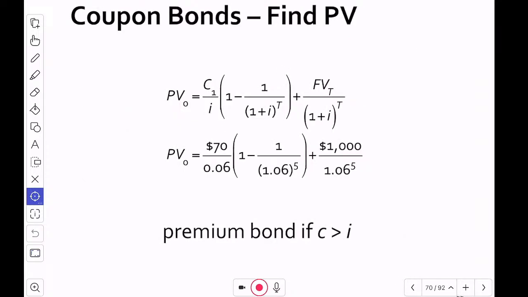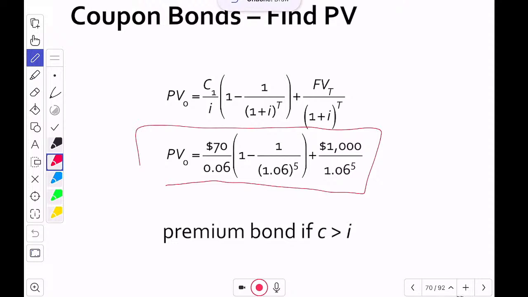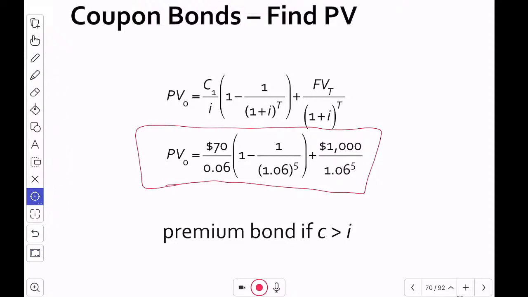The answer: you would write out the formula. You have to write out the formula for the test, right? The formula looks like this: an annuity and a TVM. Don't forget the 1,000 at the end.